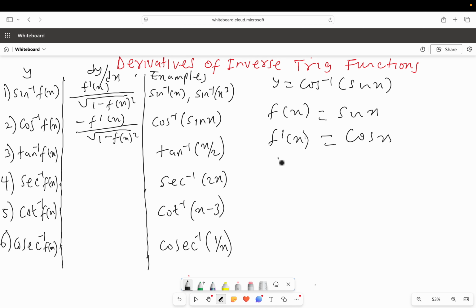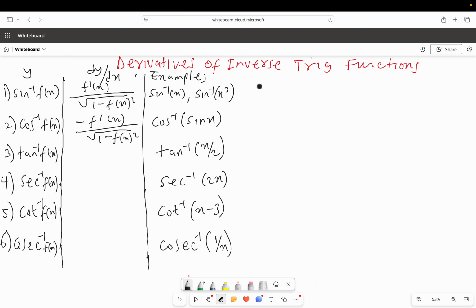My dy dx is minus f prime of x, which is cos x, divided by root of 1 minus, and my f of x is sin x, so sin square x. So that will be my solution.